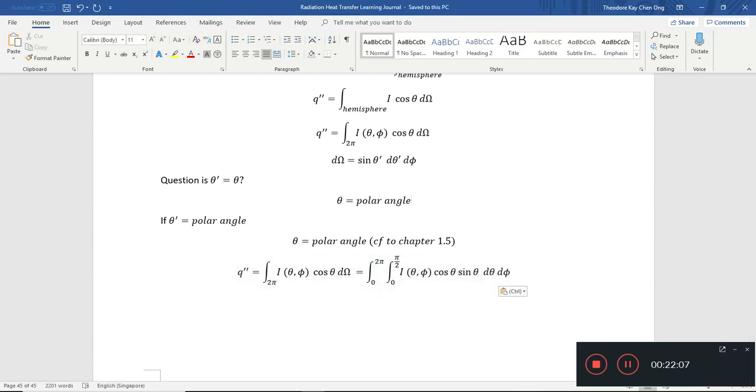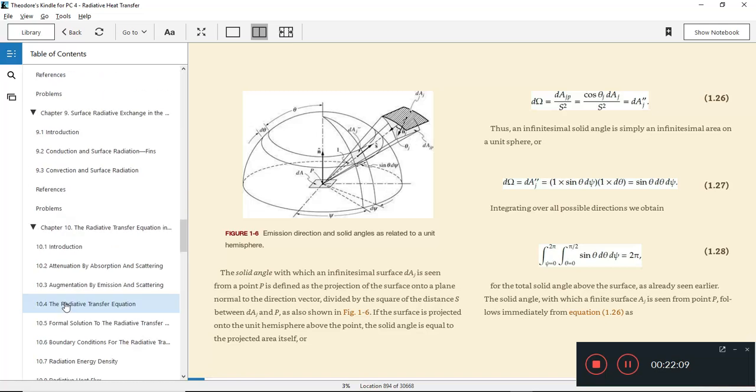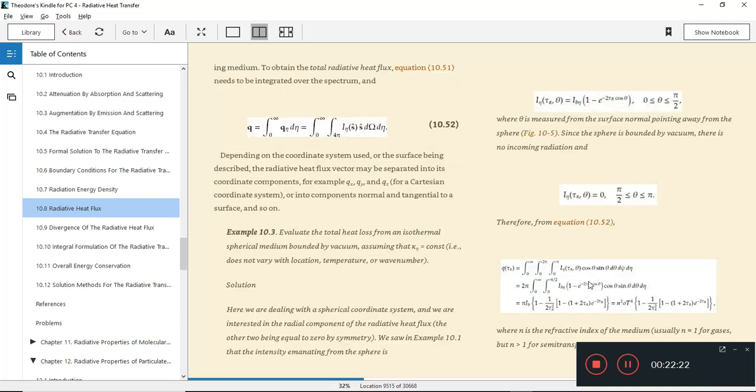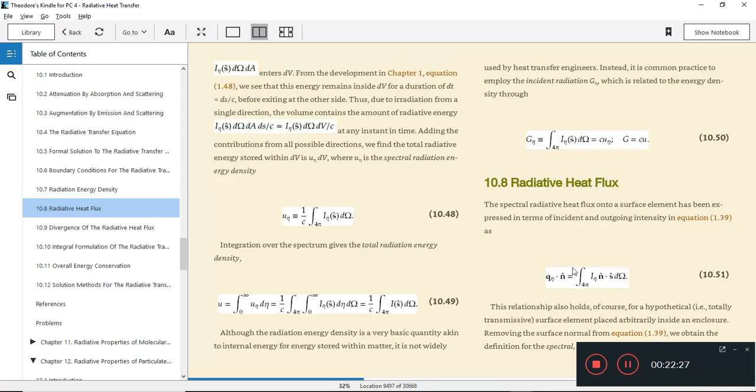So let's take a look at what the textbook says, just to check whether we're on the right track. Let's take a look at 10.51. So 10.51 is as follows. It says that Q eta dot n, so that is actually the heat flux, right?